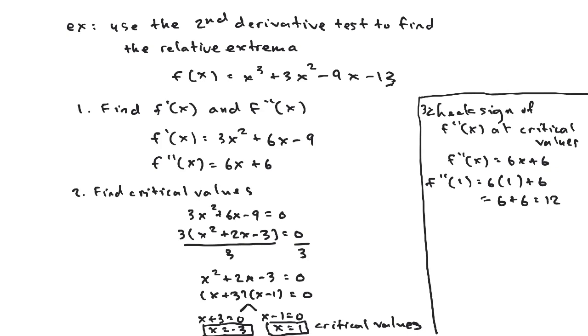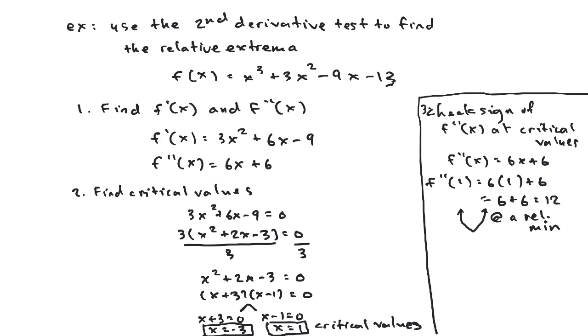All right, and this tells me that at x equals 1, my graph is concave up because I have a positive second derivative. So this tells me that I'm at a relative min. And again, I'm going to have to now take this x equals 1 and plug it into f of x to determine what my actual relative min is.